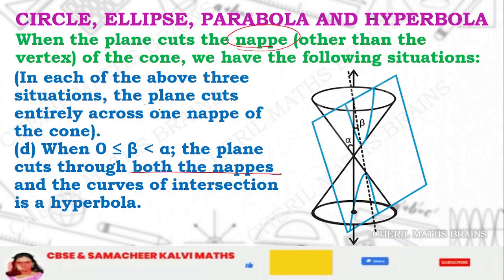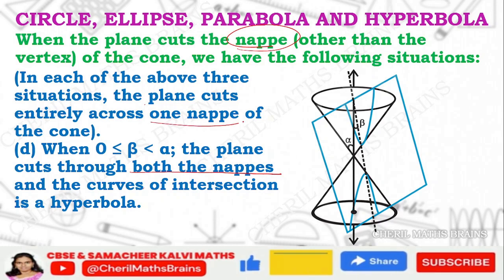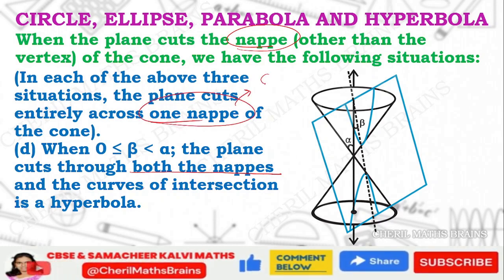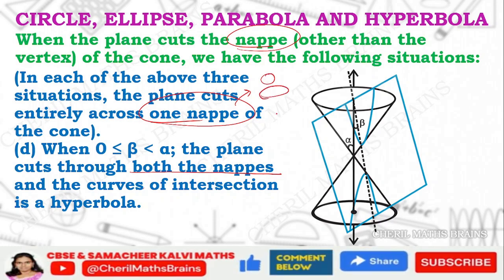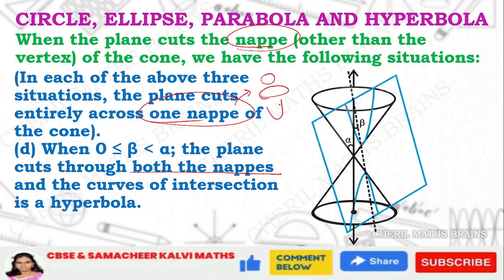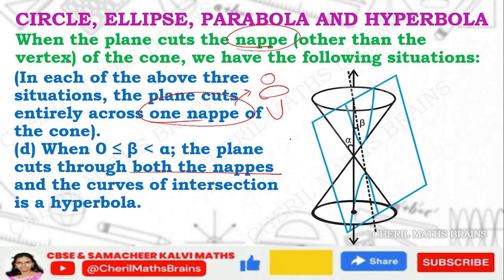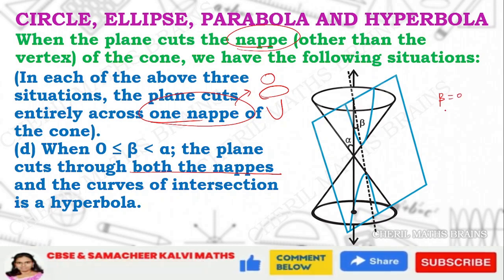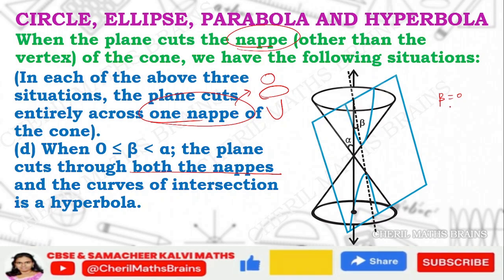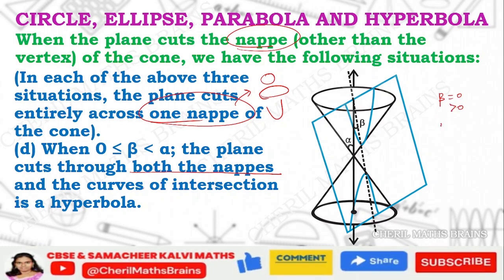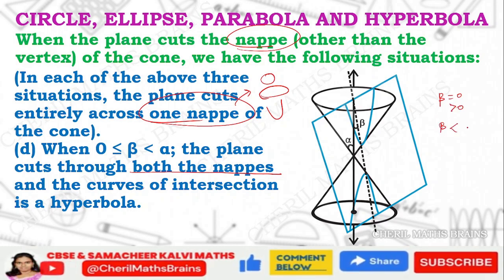In the previous cases it was cutting through only one nape, which was for the circle, the ellipse and the parabola. For the hyperbola, the angle beta is either equal to 0 or goes from 0 till alpha. So it is equal to 0 or greater than 0, and this beta should also be less than alpha.